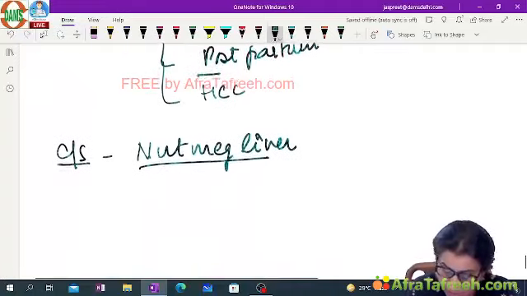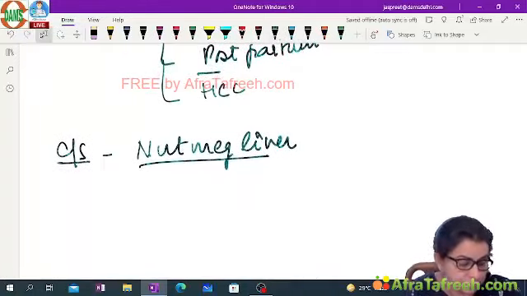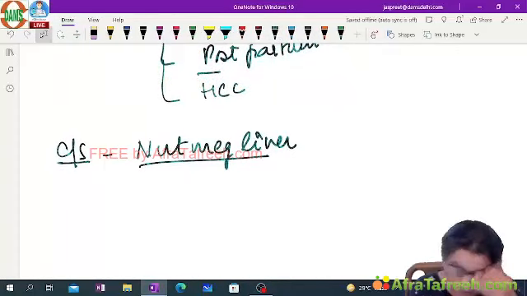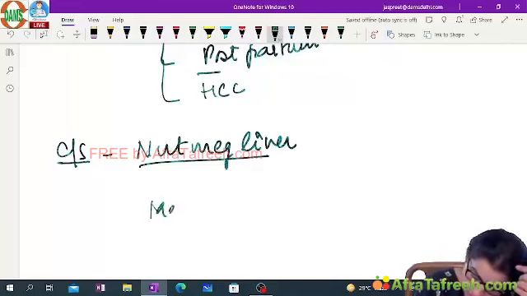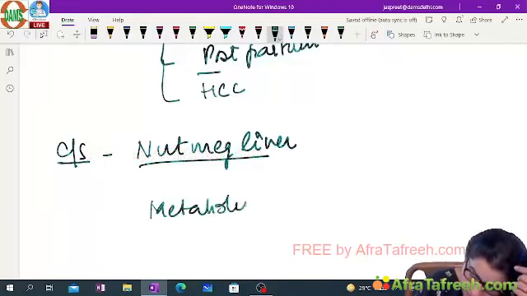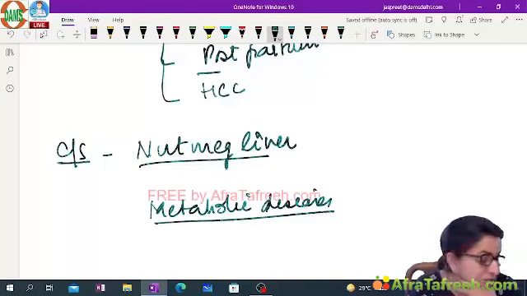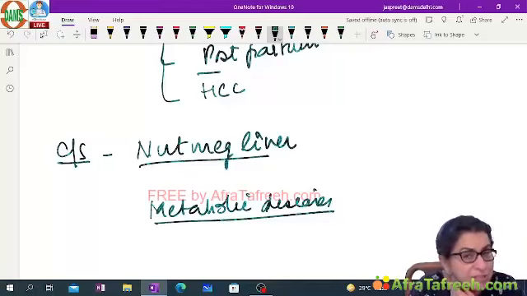Now let us look at metabolic diseases of liver. In metabolic diseases, I'll be covering three diseases. Number one, alpha-1 antitrypsin deficiency.